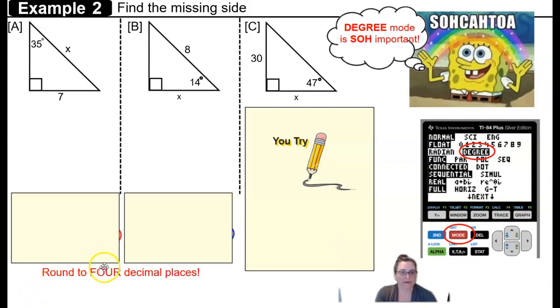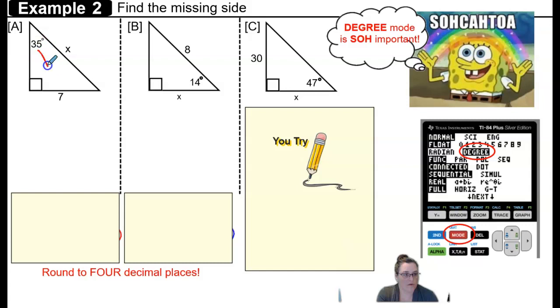Hey, welcome back. We're in example 2 where we're going to use sine, cosine, and tangent to find the missing side of a triangle. So looking at problem A, we see that the angle theta is 35 degrees.